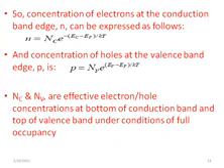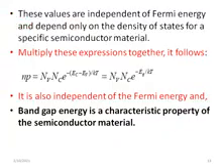It is equal to NV exponential that also. Now the capital NC and NV are what we call the effective electron concentration at the bottom of the conduction band, or the concentration of the hole at the top of what? The valence band under conditions of full occupancy.